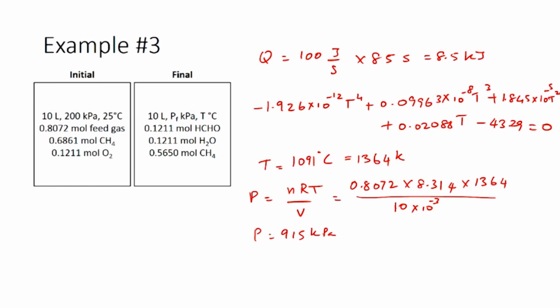Methane, when reacting with oxygen, can undergo combustion, and obviously the heat of reaction for a combustion reaction would be significantly higher than the formaldehyde formation reaction we are looking at here. Because of that, you would have had a much higher temperature, resulting in a very high pressure and an explosion. That is what the problem alludes to.